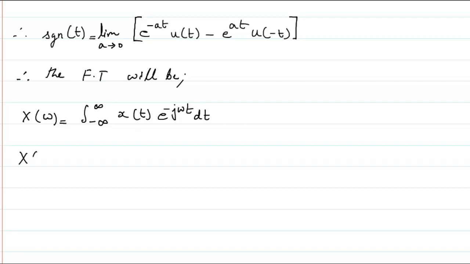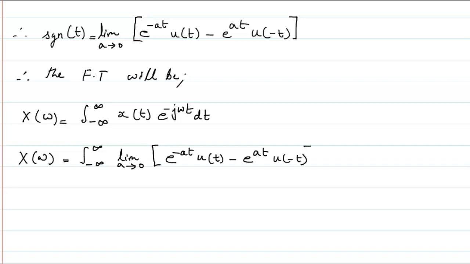So X of omega is equal to the integral from minus infinity to infinity; instead of x of t I will write limit a tending towards 0, then e raised to power minus at u of t minus e raised to power at u of minus t, multiplied with e raised to power minus j omega t dt.